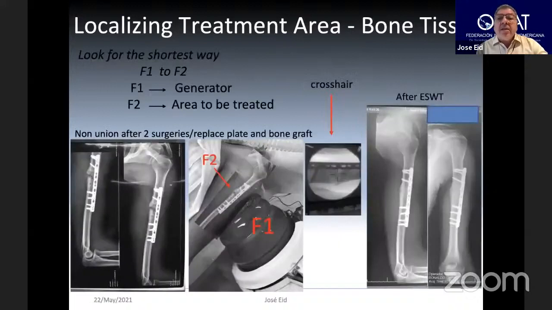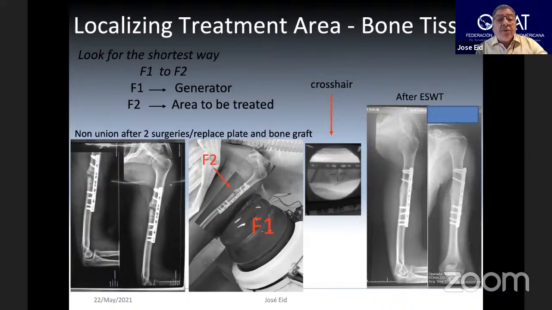Here is an example for bone tissue. When you treat bone tissue, you must look for the shortest way. You have F1, where the generator is, and F2, the area of non-union, where you treat the non-union. This is an example of a young patient after 2 surgeries.